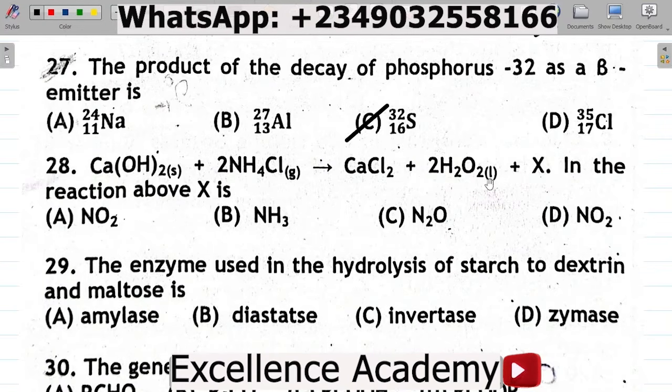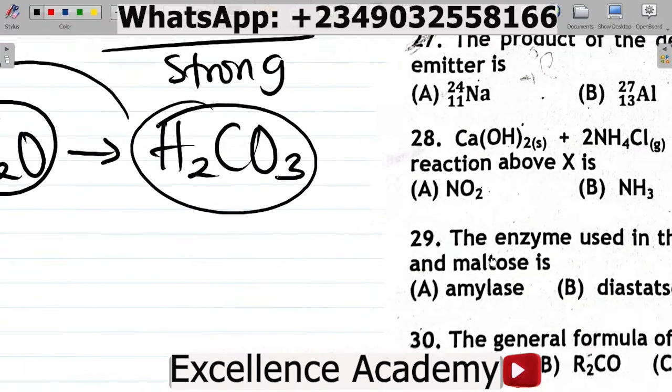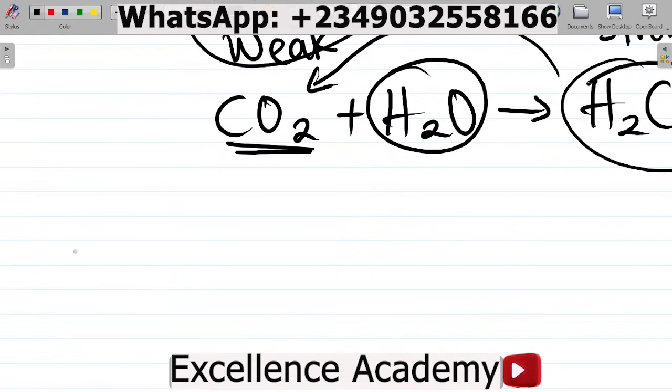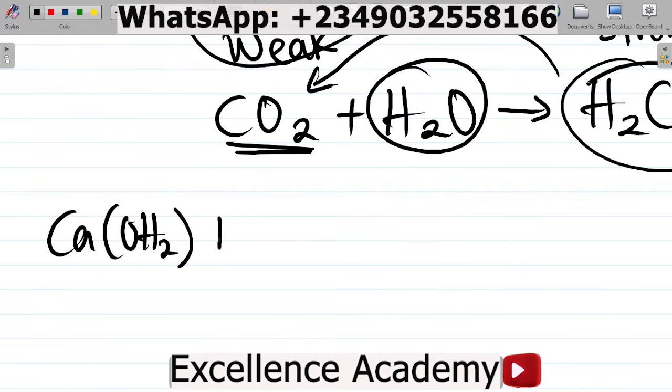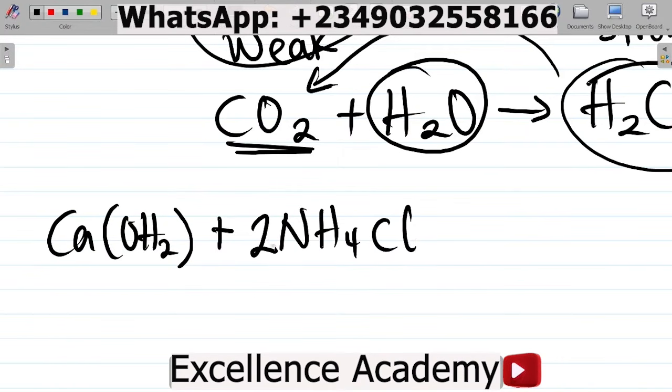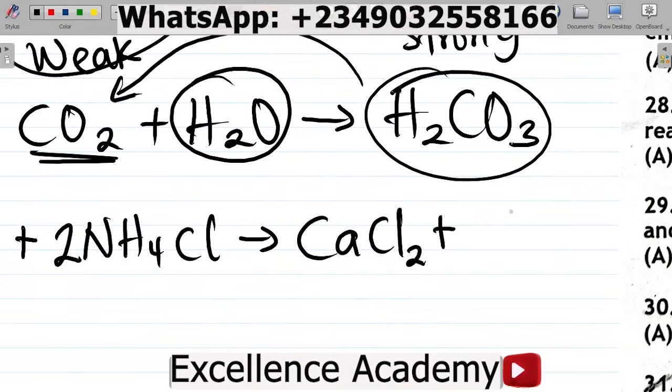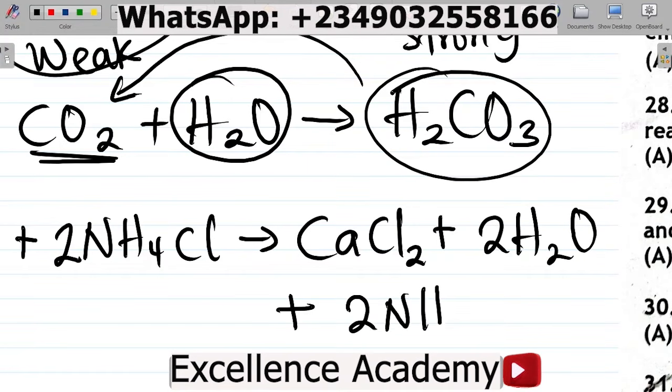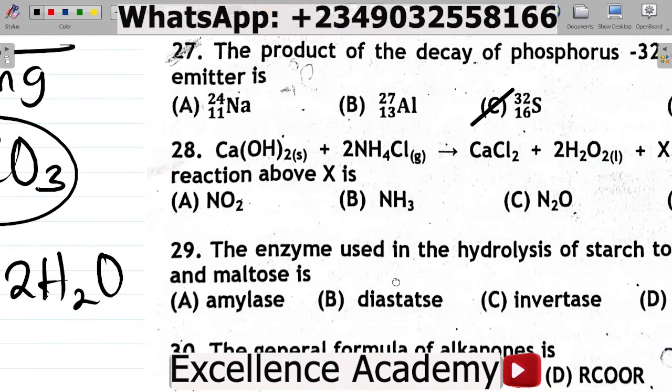The complete equation is Ca(OH)2 combining with 2NH4Cl to give you CaCl2, plus 2H2O, plus the last product, 2 moles of ammonia, NH3.